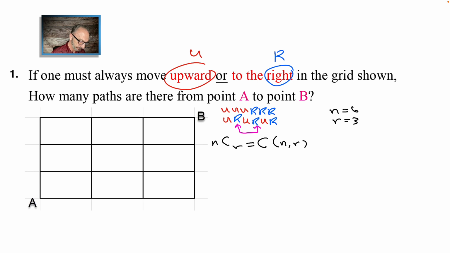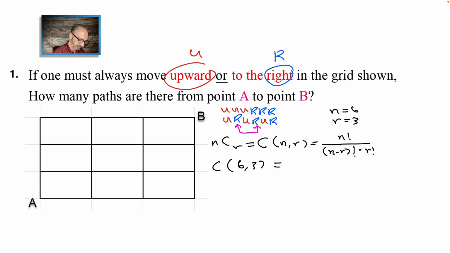Moving on, the formula goes this way: n factorial divided by (n minus r) factorial multiplied in the denominator by r factorial. So for our problem, it's C(6, 3). The 3 refers to looking at those 3 R's in different places out of 6 places.